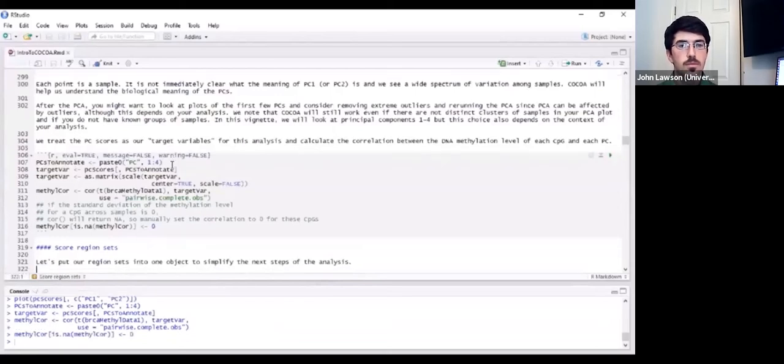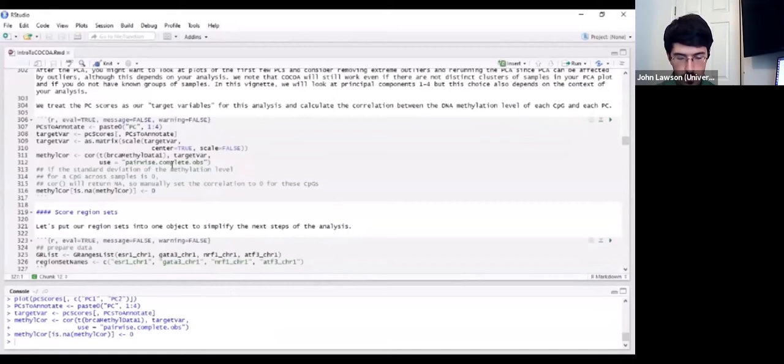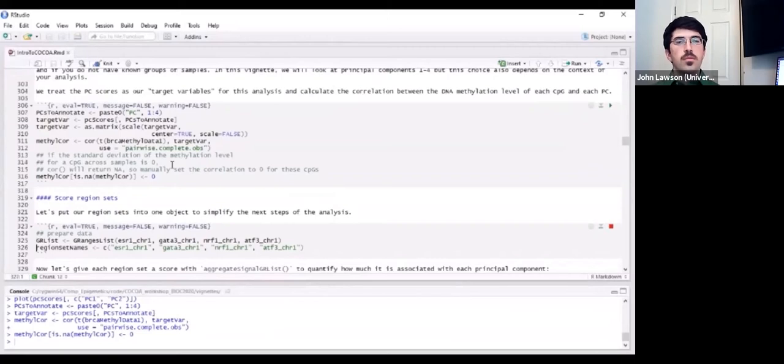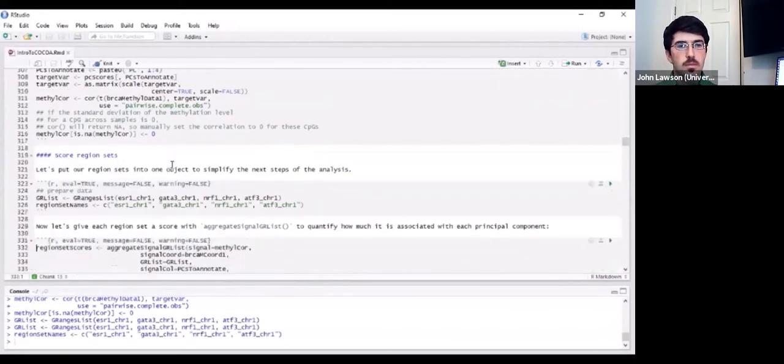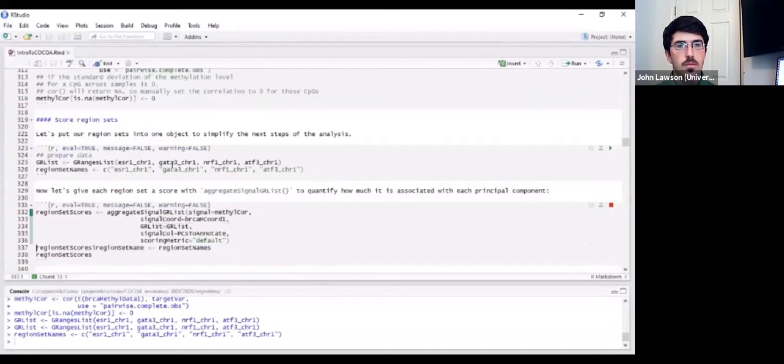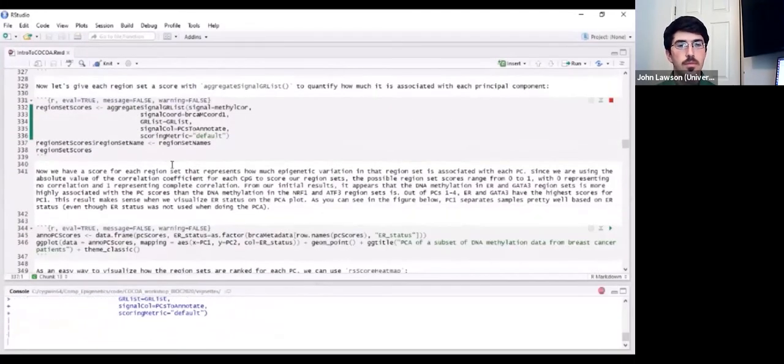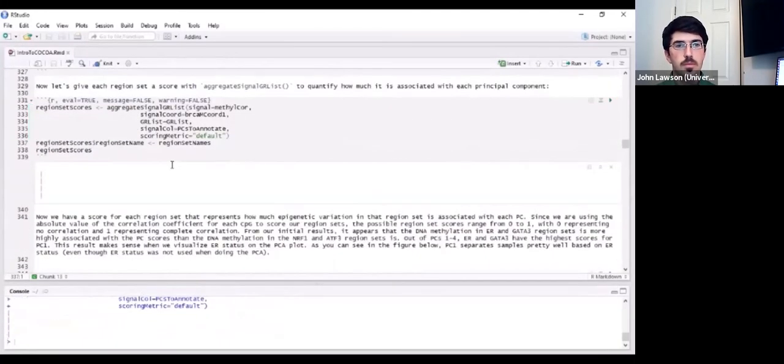And so just like our other example, now we have a score for each CpG that represents how much it is associated with our target variables. And so now we can go ahead and use our function to aggregate those individual locus scores and score the region sets.